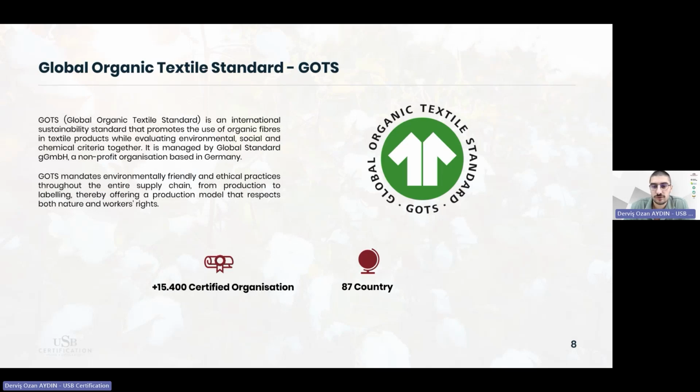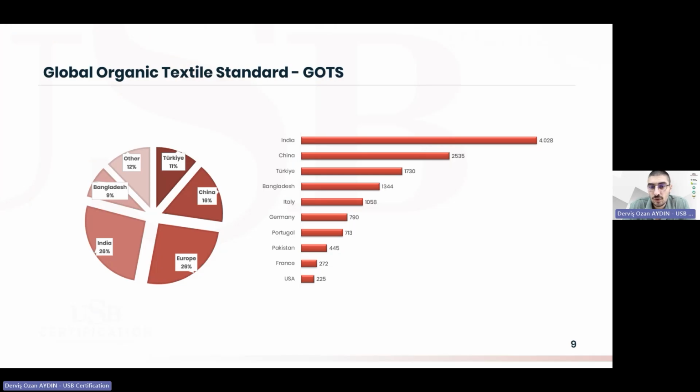When we are checking those countries, most of the certifications are completed in India and Europe, as we can see in the left chart. 26 percent of the certified entities are located in India and Europe. More than 4,000 certifications are completed in India, and after that it comes China and Turkey.